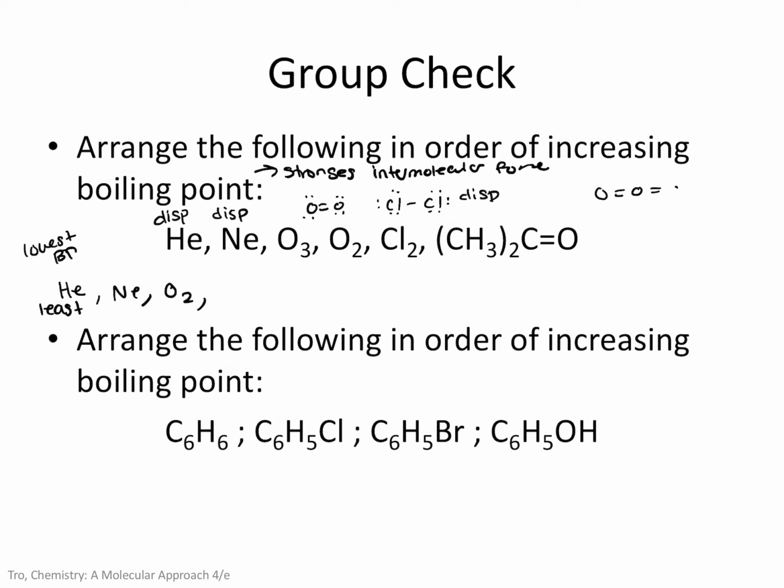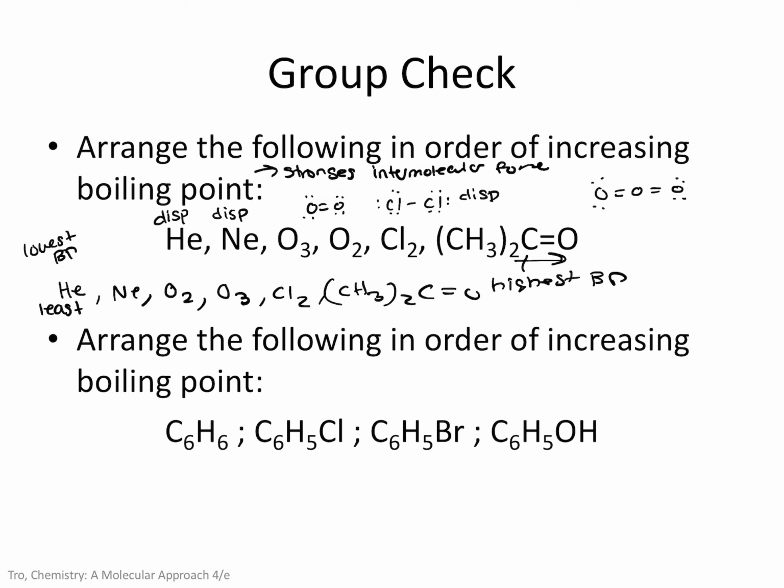What about O3? Does O3 have polarity? This is also nonpolar. Well, 16 times 3 is 48, so we would have O2, then O3, then Cl2. We know this structure is polar, and then comes the second structure here.